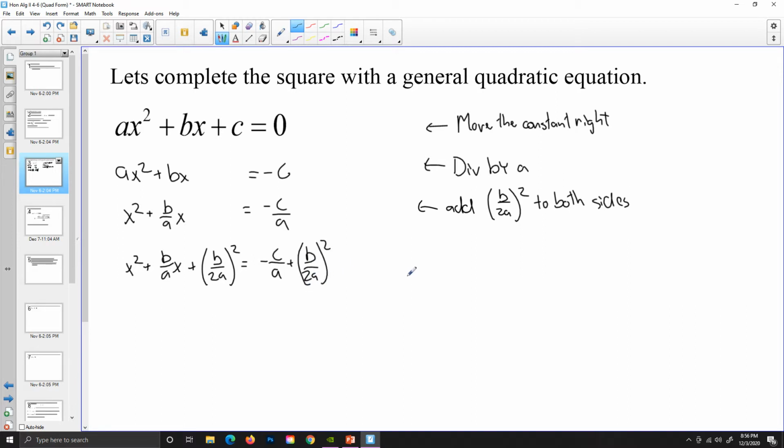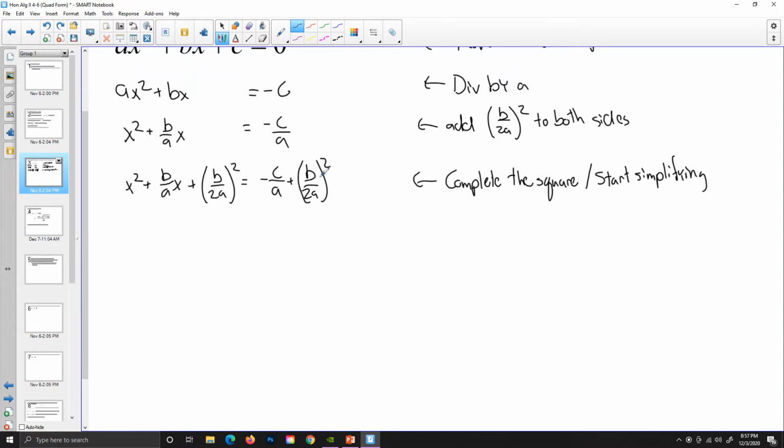All right, now we want to complete the square, and then we're going to start simplifying. When we added b over 2a squared to both sides, we made this into a perfect square.